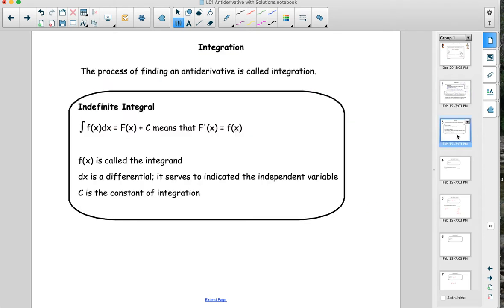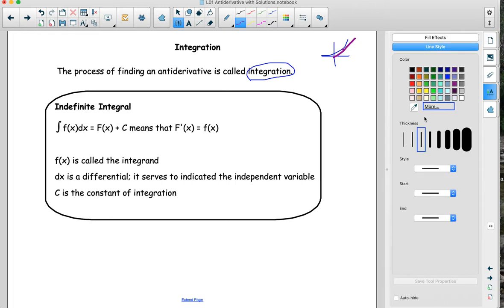So the process of finding an antiderivative is known as integration. In the first half of calculus, you were interested in this: here's a curve, and it's all about the slope of the tangent somewhere to that curve. Now we are moving on to integration, where it's a little bit different. I'm going to make the pen thin.